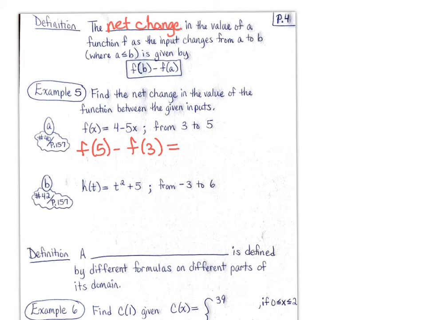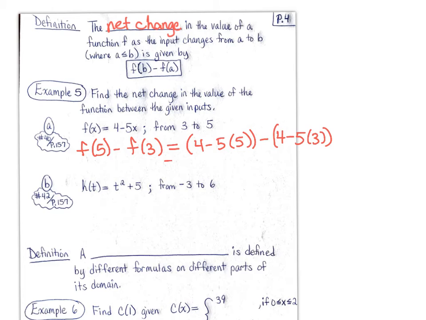That's equal to the quantity 4 minus 5 times 5, minus the quantity 4 minus 5 times 3. We're just putting parentheses around the quantities to make sure we don't make a mistake algebraically.